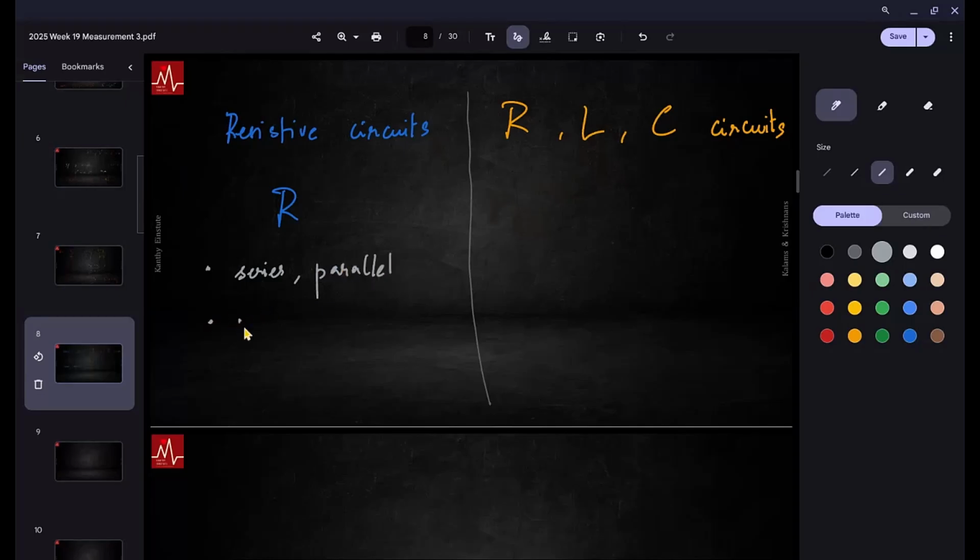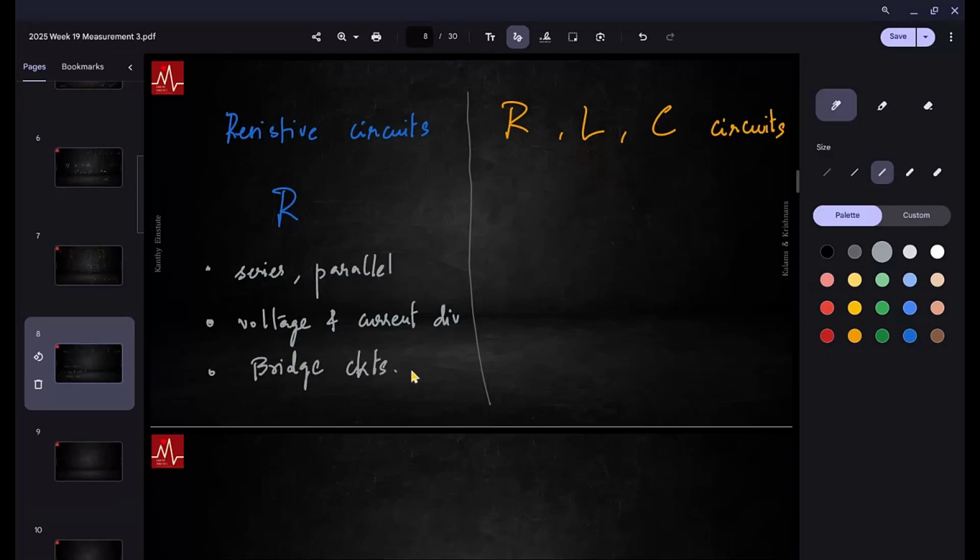then voltage division and current division. Then actually even delta Y holds good, but let's skip delta Y. Bridge circuit. These are all we are used to, right? Balanced, unbalanced bridge.